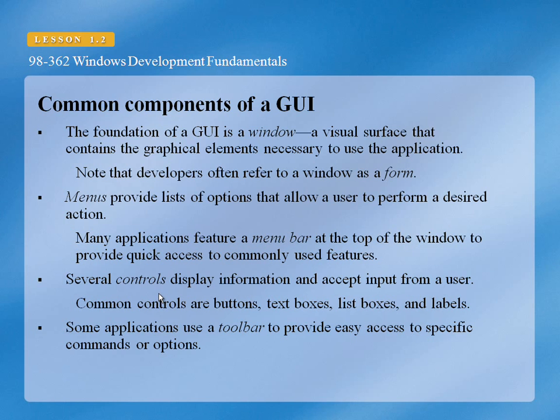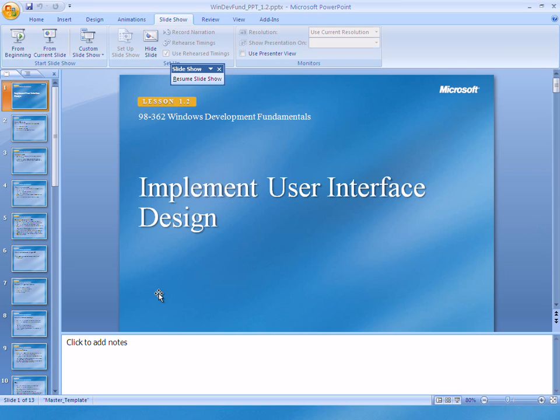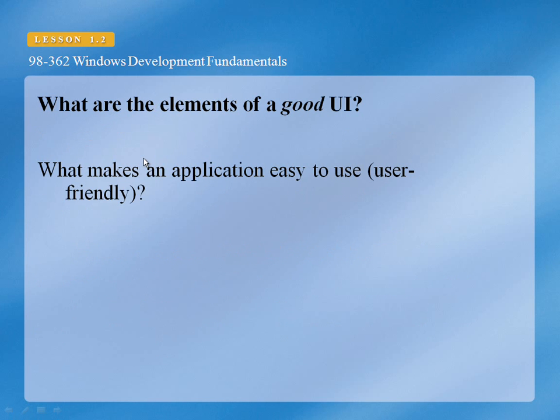Now please take the following review questions and answer them. What are the elements of a good UI? Basically, it is very easy to answer. A menu bar, toolbar and buttons make a good UI.